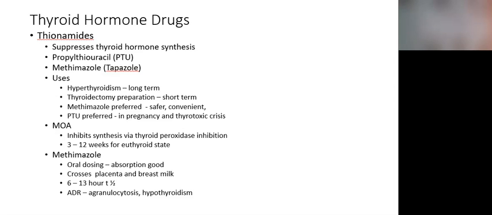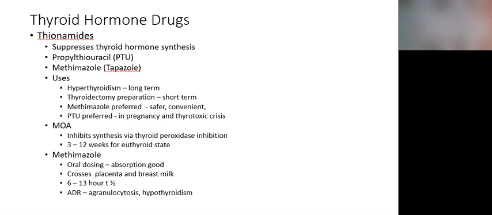There are differences in the two drugs where pregnancy is concerned. Propylthiouracil can cross the placenta and cause fetal cretinism and goiter. Methimazole can cause physical deformities in the fetus. If an anti-thyroid drug is necessary during pregnancy, propylthiouracil is preferred in the first trimester, and methimazole is preferred in the second and third trimesters.